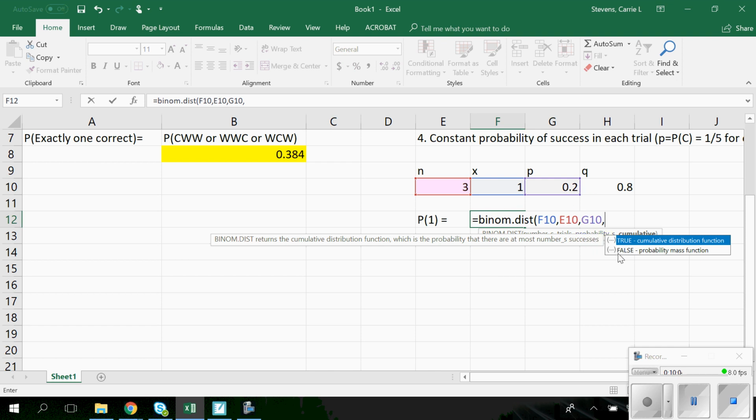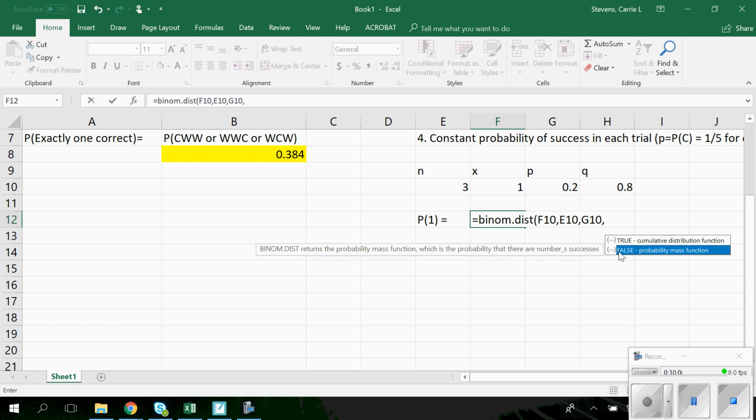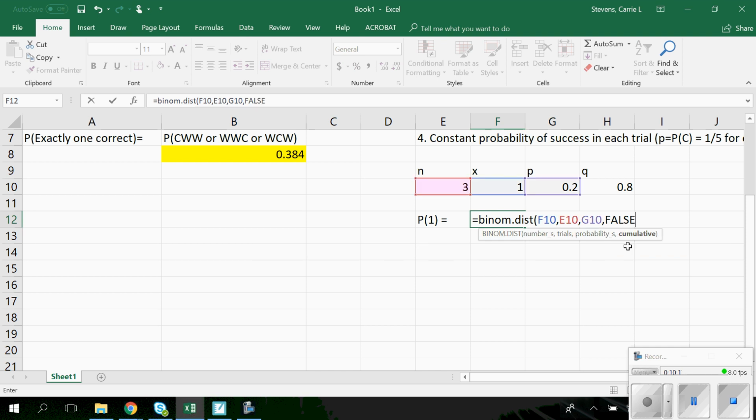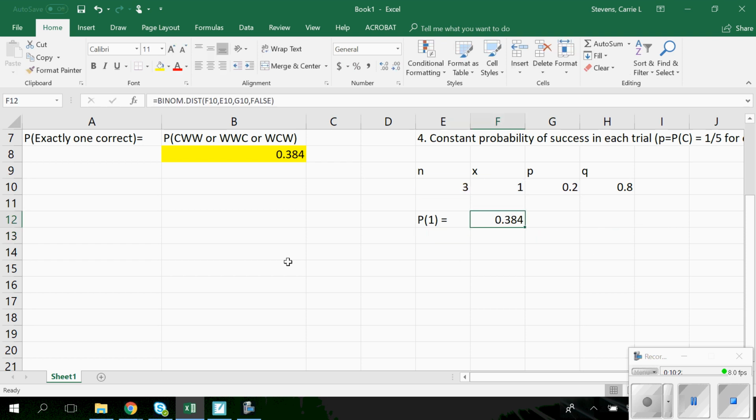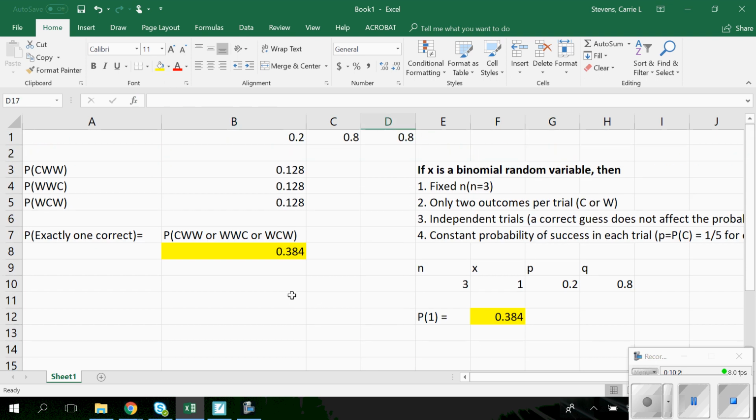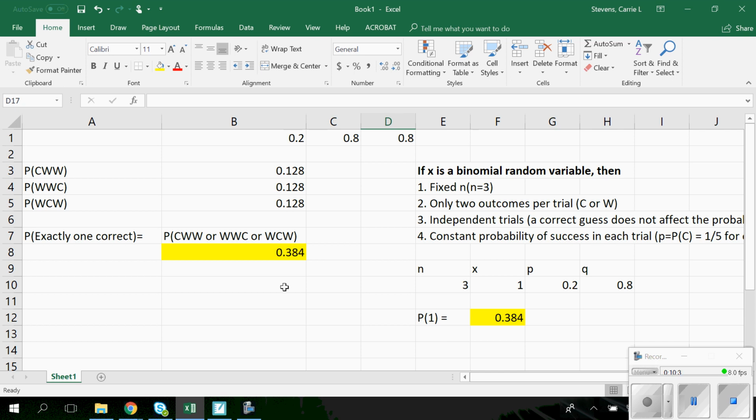So that happens automatically. We want to say false for cumulative because we're not interested in 1 or 2 or 3. We're interested in exactly 1. So we don't want cumulative, so we choose false. You can also type a 0 right there, and that will be read as false. All right, so here's our answer. Look, it's the same. Yay. See, cool, huh? Makes life a little easier if you know how to recognize a binomial random variable.